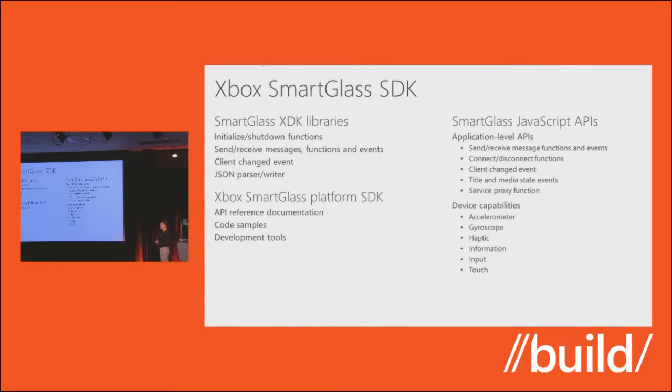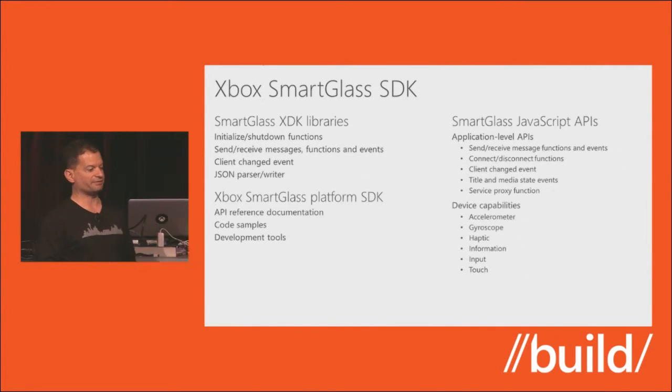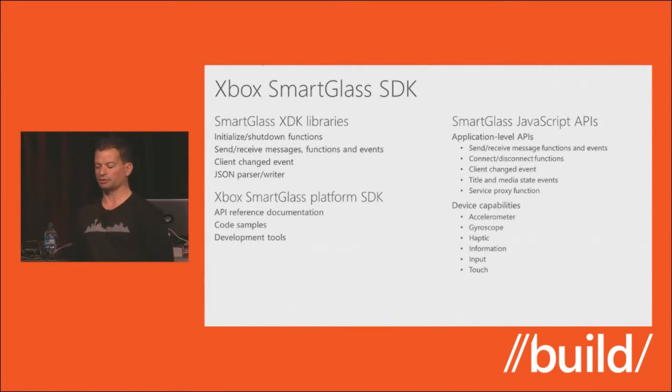So inside that SDK, as I mentioned, is the SmartGlass library. It lets you send and receive messages. It has a JSON parser so you can get these messages and handle them correctly. And then on the device side, we have a set of capabilities that you use to write your SmartGlass experiences themselves. It's exposed through a JavaScript library.